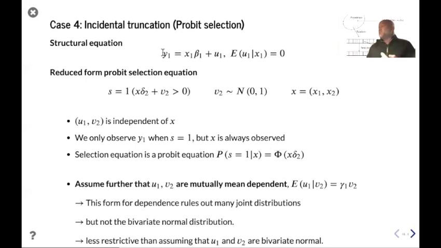Well, that would determine whether I'd like to participate in that game, right? So that's why we always have to include x1 in this reduced form for the selection. Okay, it's a reduced form because it could be that you had y1 somewhere in here, but that's completely substituted in, and then we have a reduced form.